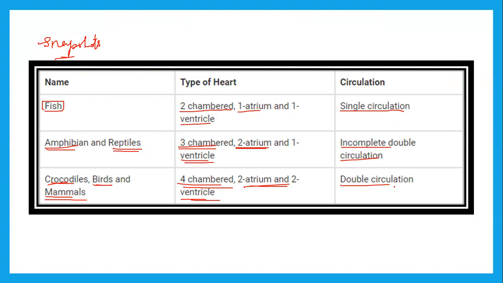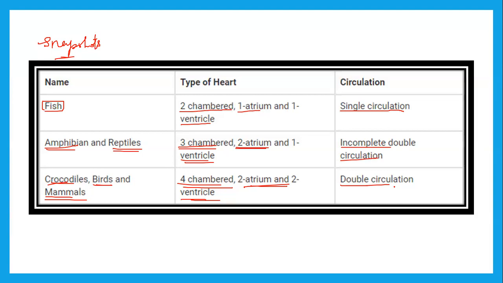So fishes show a two-chambered heart. Two-chambered heart means one atrium and one ventricle, so they show single circulation. Amphibians and reptiles have a three-chambered heart with two atria and one ventricle, that is, they show incomplete double circulation.